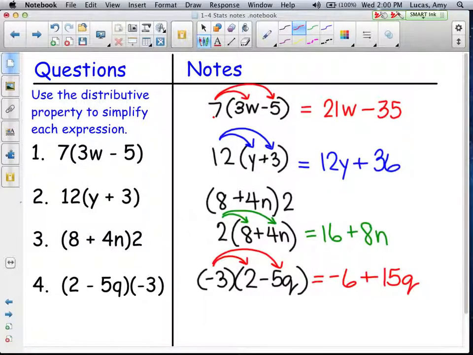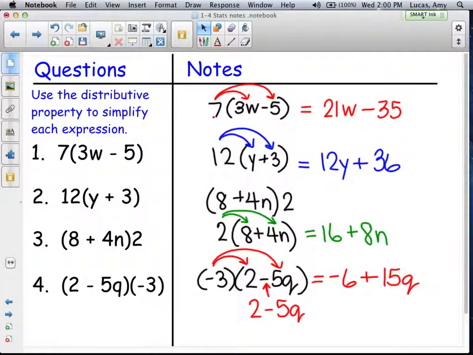This sign right here is a minus sign or a negative sign. 2 minus 5q is the exact same as 2 plus negative 5q. So I am treating that minus sign as a negative on my 5 so that when I multiply the two negatives together, I get a positive in my answer.